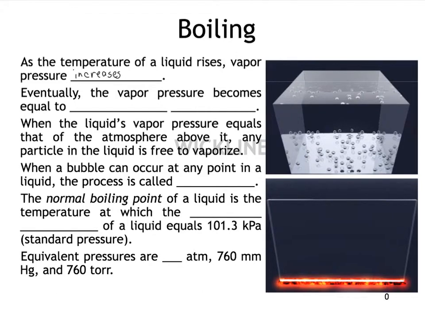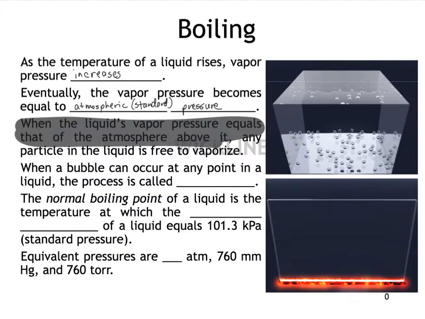Eventually, the vapor pressure becomes equal to the atmospheric pressure. When the liquid's vapor pressure equals the atmospheric pressure above it, any particle in the liquid is free to vaporize. This is what we would call boiling. When a bubble can occur at any point in the liquid, the process is called boiling.